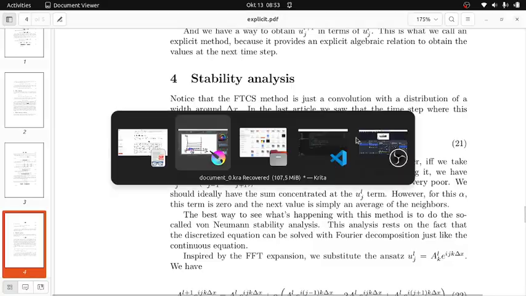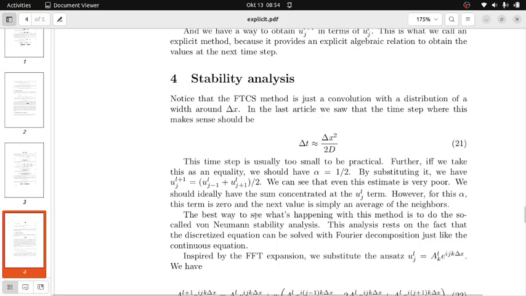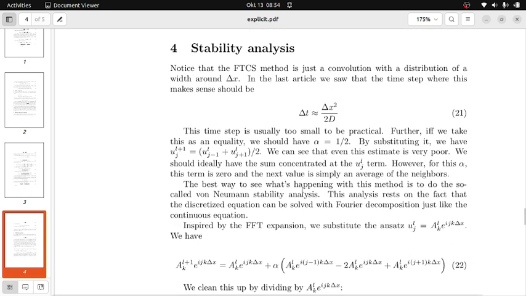Because from this argument you would expect that the middle point would have the greatest contribution, but in fact its contribution is 0, and all the contribution comes from the neighbors. It's just an average of the neighbors. So what is really happening is that this value is not where the method is good, it's the border where it's stable.